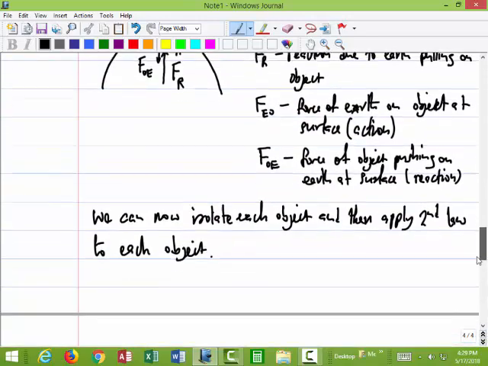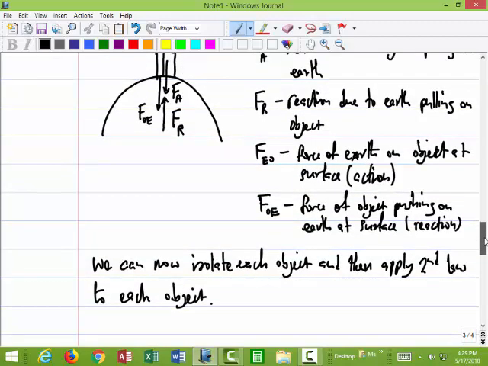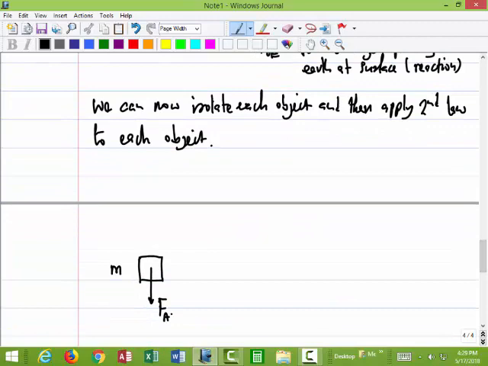So let's take the small object sitting on the surface of the earth. So that object is here. Let's say that object has a mass lowercase m, and it has this force, which is the force of the earth pulling on the object. So this force is the weight of the object, so it's the action force. We typically know this force as the weight of the object.